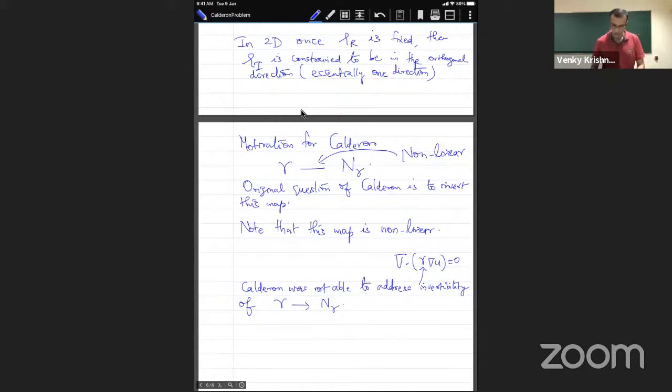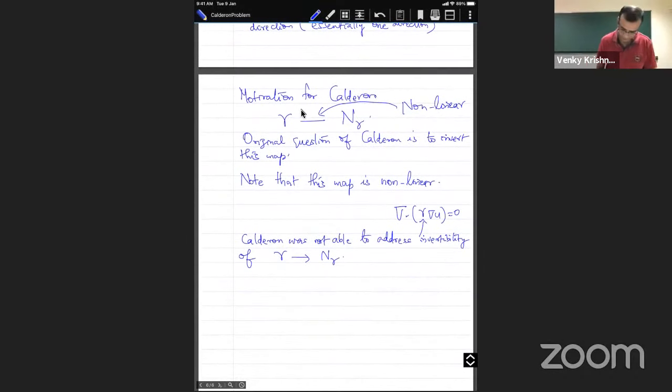Instead, in practice, what do you do? If you are not able to study the invertibility or any properties of a nonlinear map, you try to linearize the problem. So what Calderon did is to linearize this map.